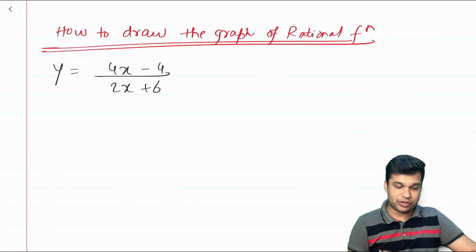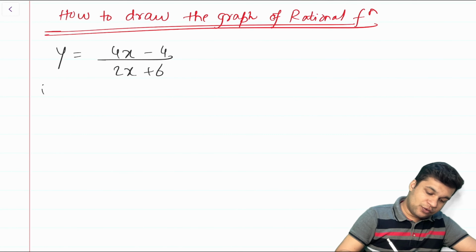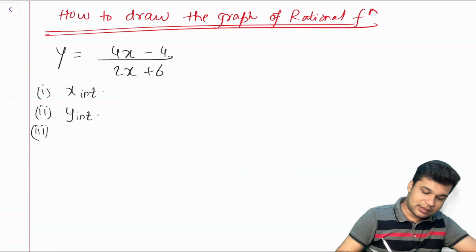Let's say this is your rational function. So the steps are, you find the x-intercept, then you find the y-intercept, then you find the vertical asymptote, and then you find the horizontal asymptote, and the last step is judgment.